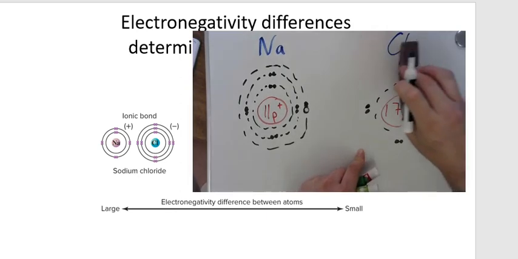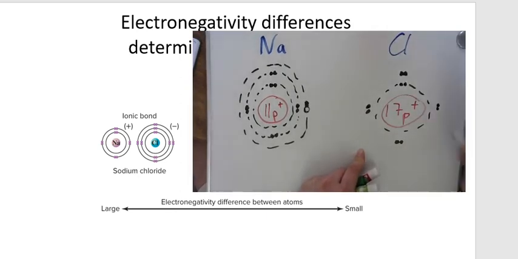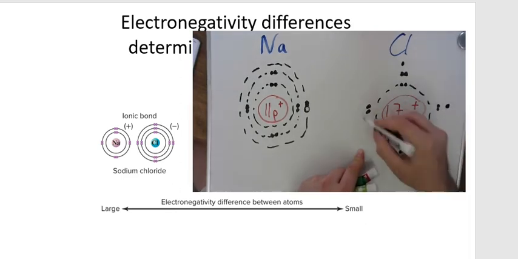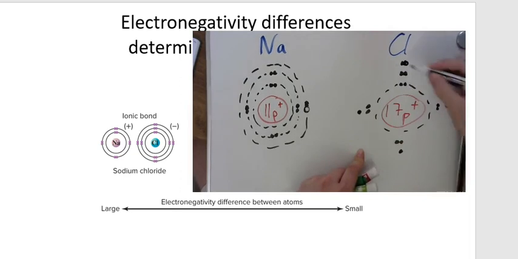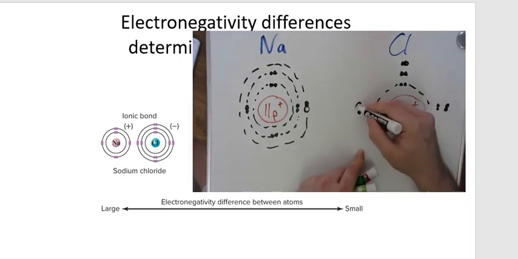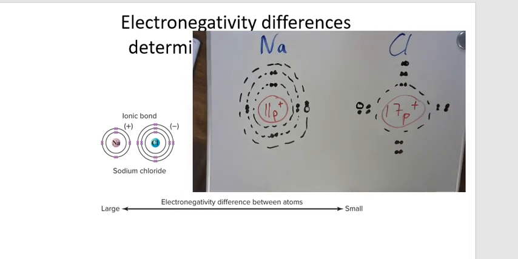Did it wrong again. 2 and 8, 10, 11, 12, 13, 14, 15, 16, 17. Empty vacancy right there on the third shell.